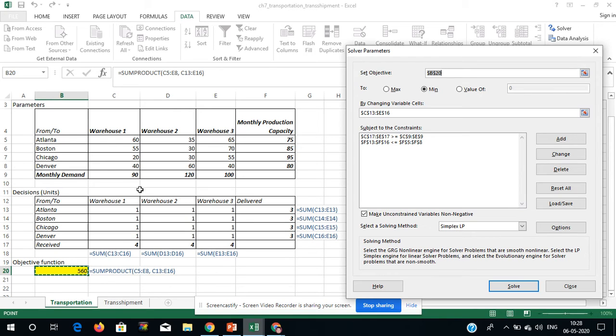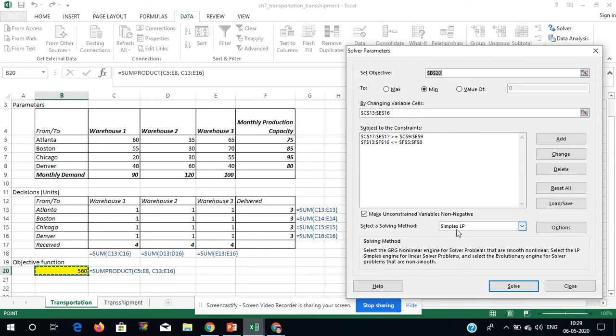It has to be more than or equal to the demand here. And the second constraint is that whatever is shipped, F13 to F16, has to be less than or equal to the production capacity. And I make the variables non-negative.